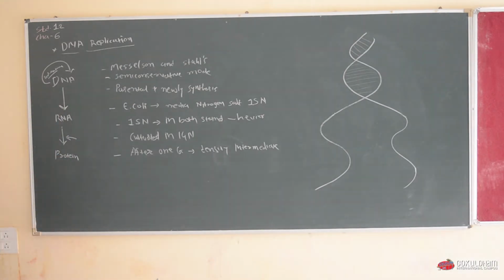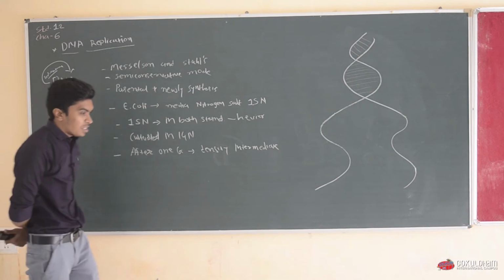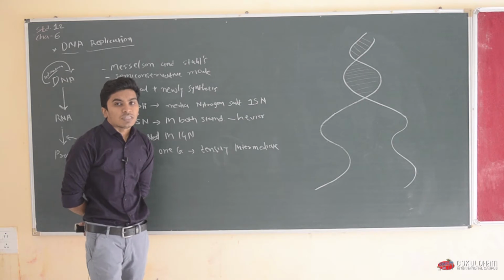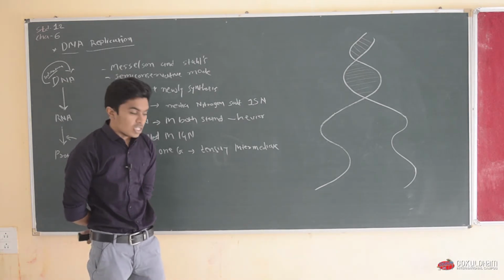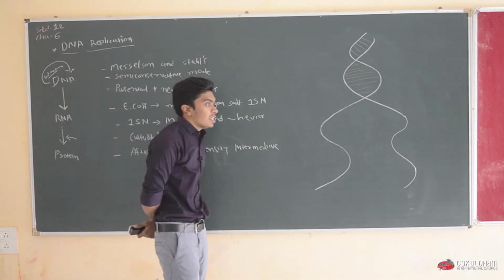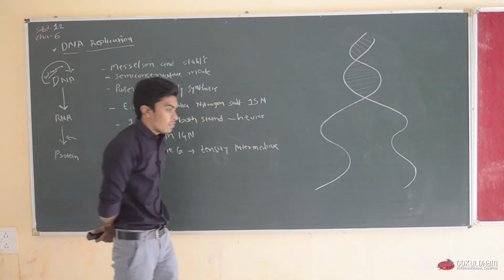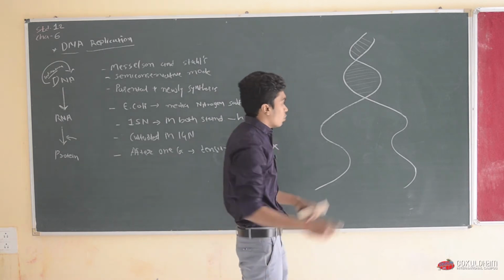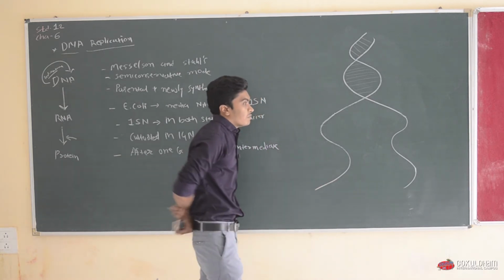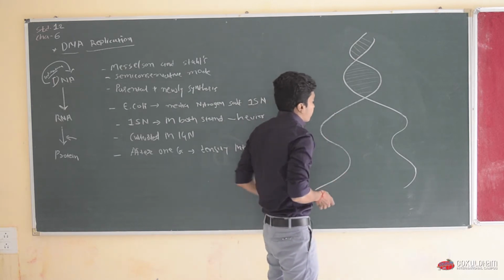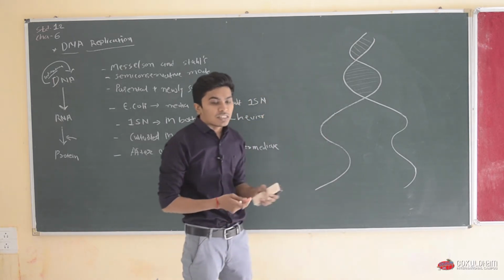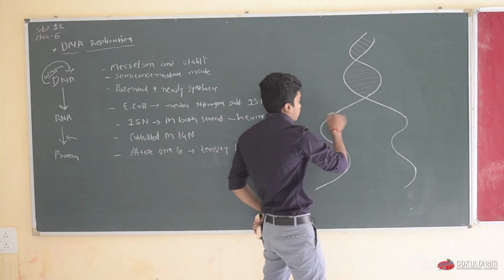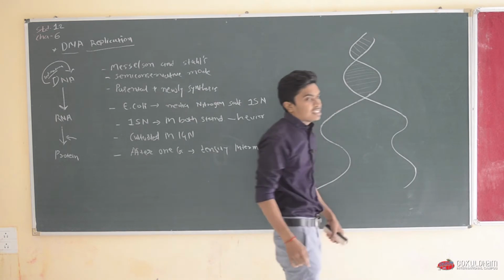So what is DNA replication? DNA replication means the process by which DNA makes copies of itself. And who suggested this theory? Watson and Crick, when they proposed the double helical structure of DNA, also proposed that when we separate this double helix, we get two strands. This one is the first strand and this one is the second strand.